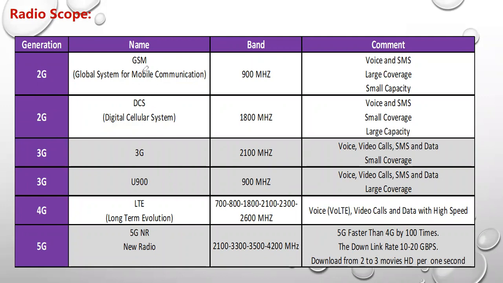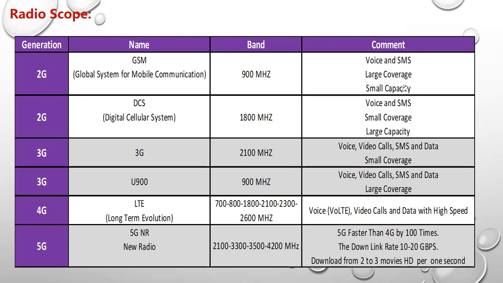So GSM came with a frequency of 900 megahertz. So you can send and receive your calls in case of GSM or 2G GSM. This frequency gave me the services of voice and SMS, and also gave me a large coverage, but with a small capacity.